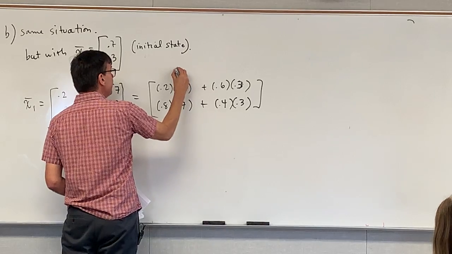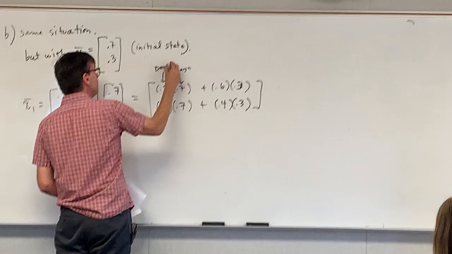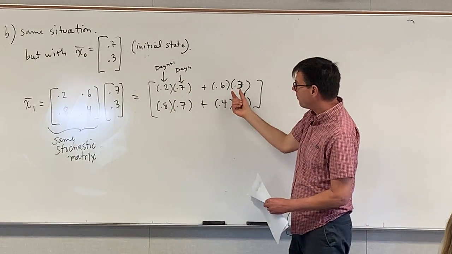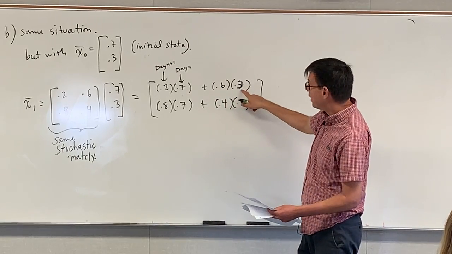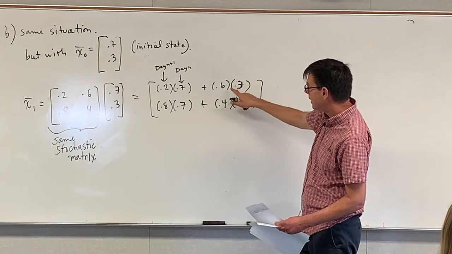So when I write it out this way, day n is here. Day n plus 1 is here, I believe. So if I wrote it out in words, I would have these guys interchanged. 0.3 is the chance of eggs on day n.